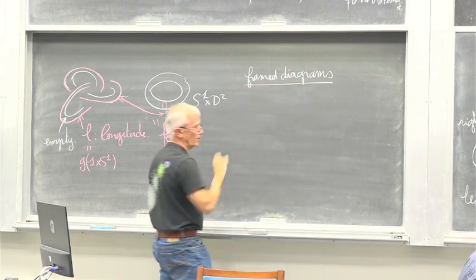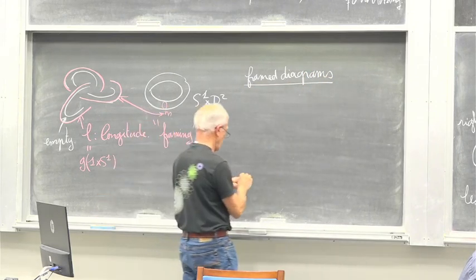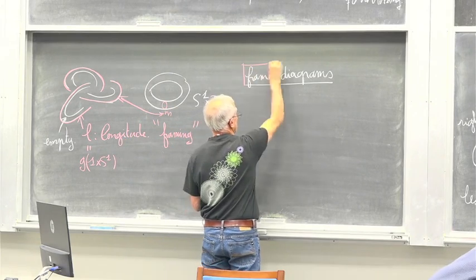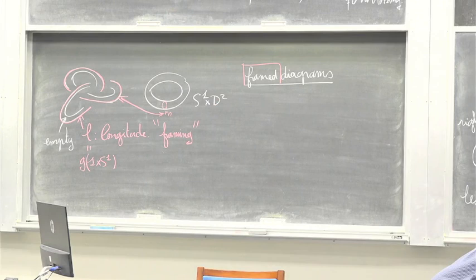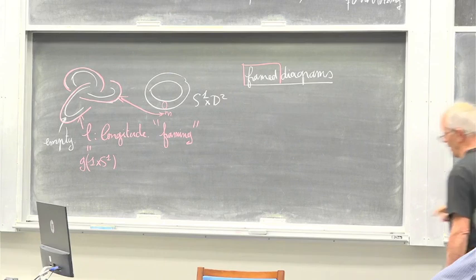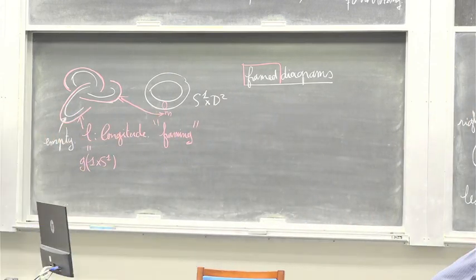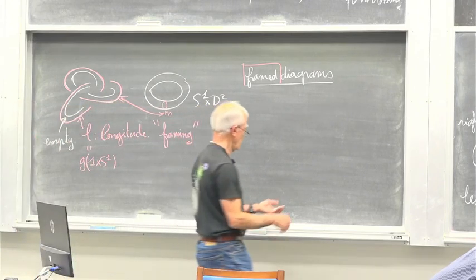The only difference, let's say, the pink was the longitude, but because you consider D2 times S1 or S1 times D2, when you do this, you glue the meridian here with the previous longitude. This comes from the parametrization of S1 times S1. This is the point. Okay?